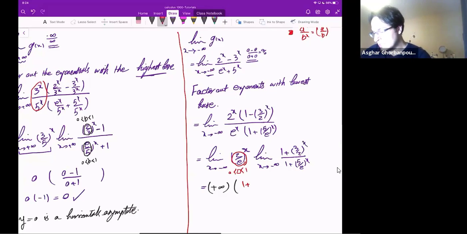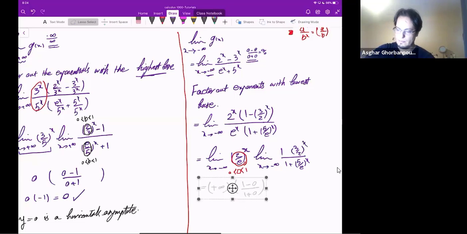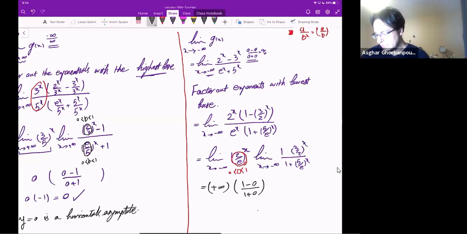1 minus, this should be minus. 3 over 2 is a number bigger than 1, to the power negative infinity, that is 0. 1 plus 5 over e, 5 over e is a number bigger than 1, to the power negative infinity, that's another 0. So that means that we have plus infinity times 1.